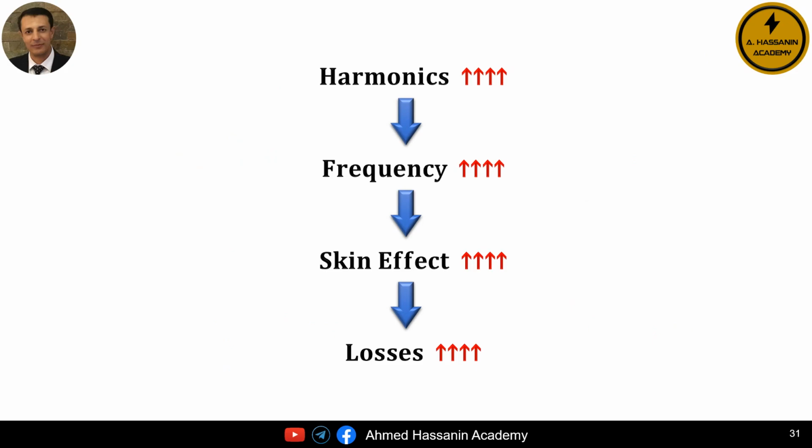However, the increase in frequency is a very serious problem because it causes an increase in the resistance of the conductors, a rise in their temperature, overheating of electrical equipment, and possibly their failure. Therefore, as much as possible, we should overcome the skin effect phenomenon by addressing the harmonics present in the electrical network, thereby reducing electrical losses as much as possible.